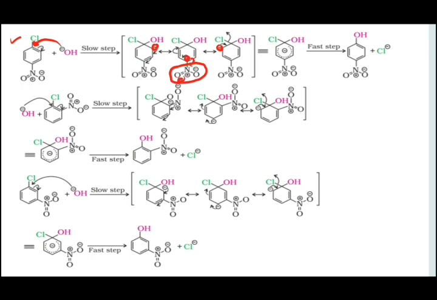So it increases the total number of resonating structures, and the higher the number of resonating structures, the more the stability. Here you can see that in these resonating structures, the NO2 group present at the para position will stabilize this negative charge. Okay, so what happens in the first step, again this negative charge makes the bond here and the chlorine leaves the benzene ring and we get the product.